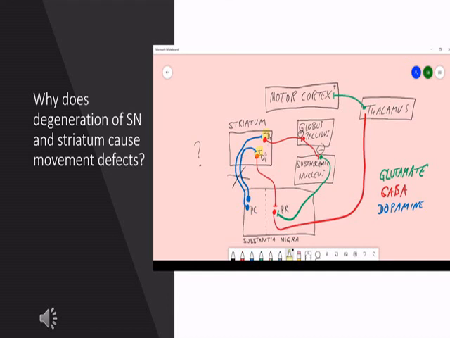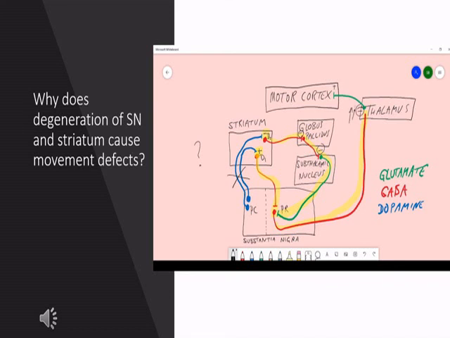And if you add them all up, they both end up having an inhibitory input onto the thalamus. So in other words, loss of those dopaminergic neurons that crosses on the PD results in an increase in the inhibitory input to the thalamus, which has a result of having less output to the motor cortex.